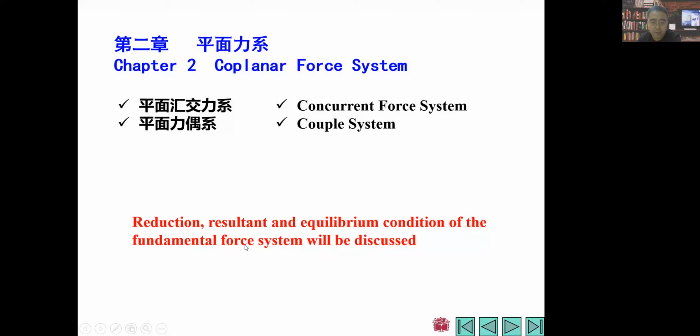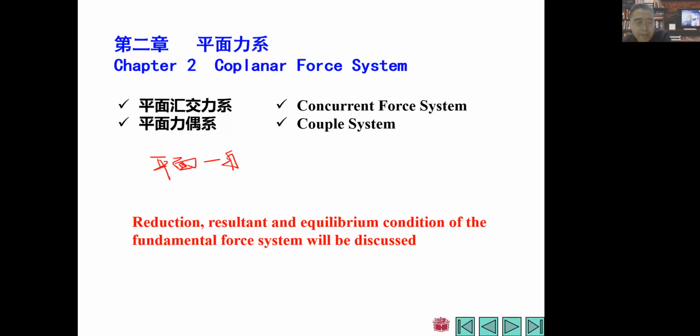Another is the coplanar couple system, we call that 平面力偶系. And after these two kinds of force system, we'll talk about 平面一般力系.